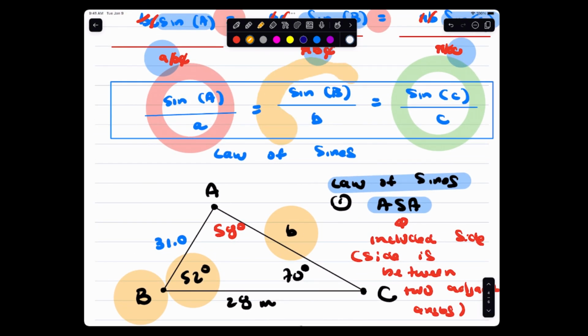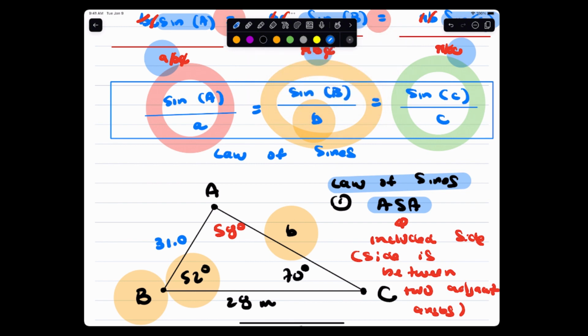So now I create the ratio of what? Sine 52 over little what? This is my little b here. Sine 52 over little b.